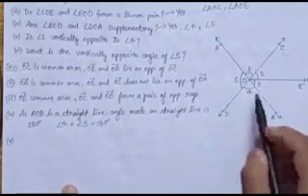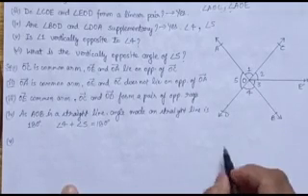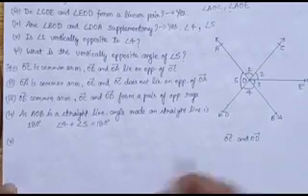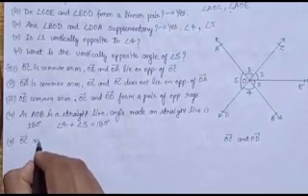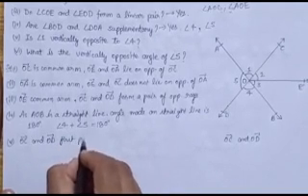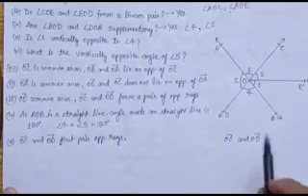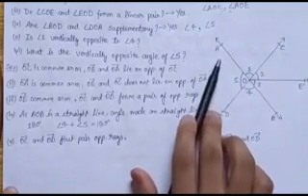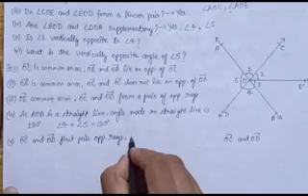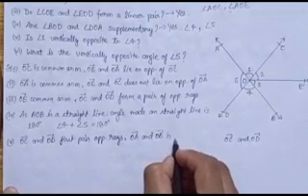see that for angle 1 and angle 4, OC and OD is the first pair of opposite rays, and OA and OB is the second pair of opposite rays.